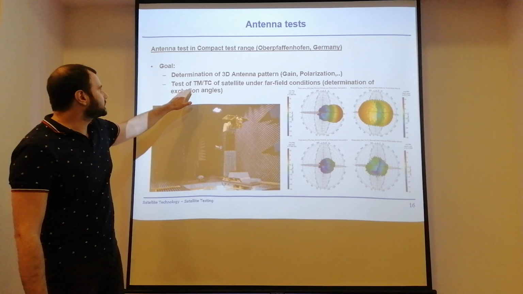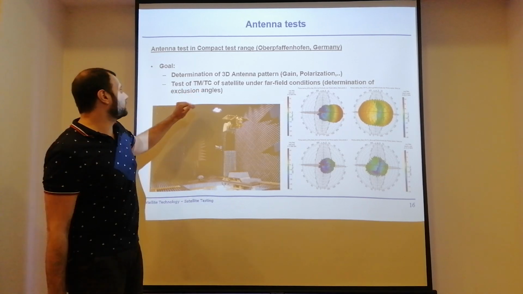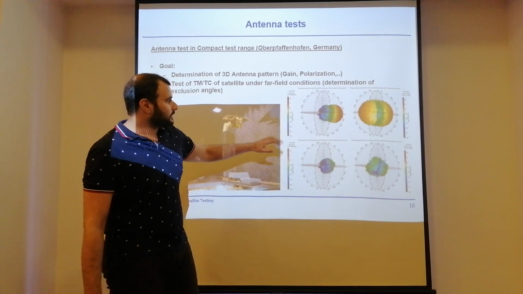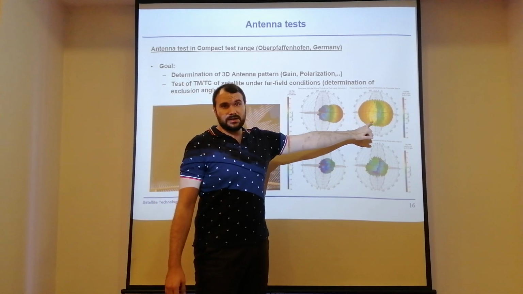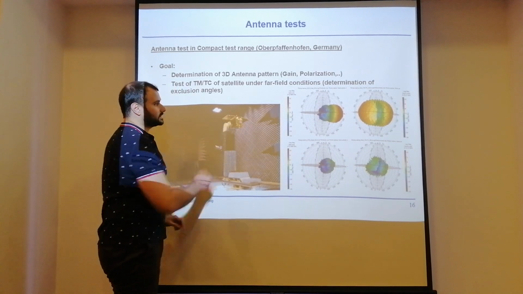And we did that to test the TMTC of the satellite under those far field conditions and to determine several exclusion angles that you can see here. So this is the high gain antenna and these are the TMTC antennas. So two antennas, one on this side, one on that side.